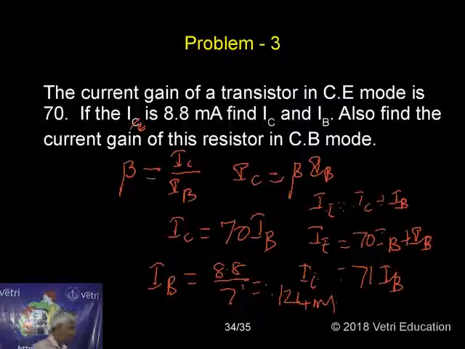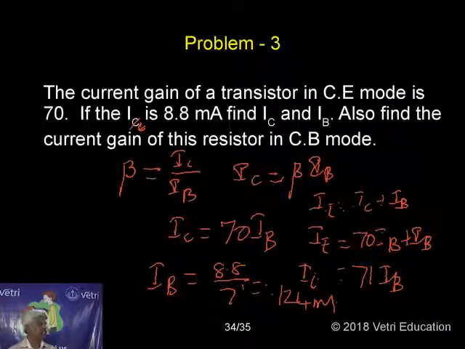milliampere. So the base current can be calculated because the emitter current is given, and from that I can calculate the value of IC. How can you calculate IC?